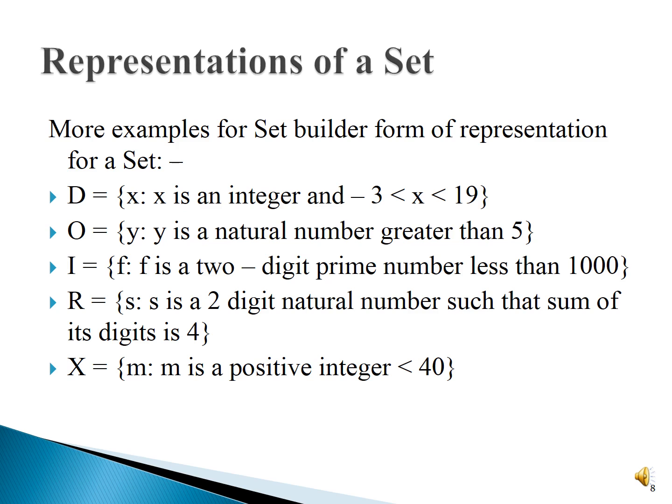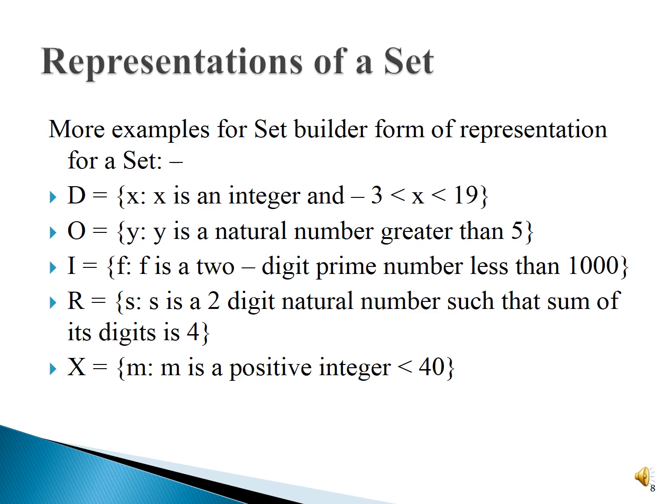So R will contain numbers like 22 because 2 plus 2 is 4, then 40 because 4 plus 0 is 4, then 31, 3 plus 1 is 4, then 13, 1 plus 3 is 4. Because we need only 2-digit natural numbers such that the sum of its digits is 4. So the roster form of R will be 22, 40, 31, 13.